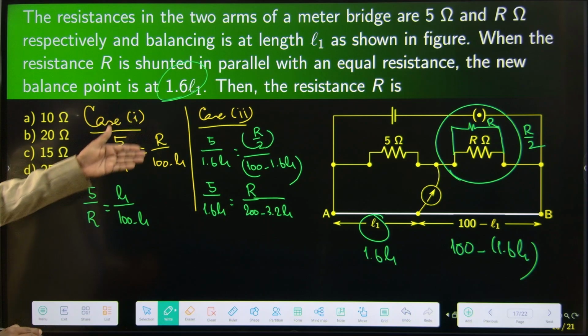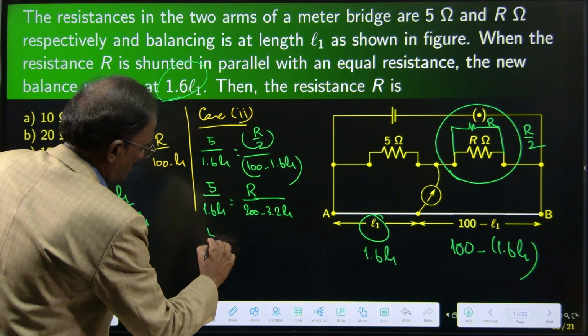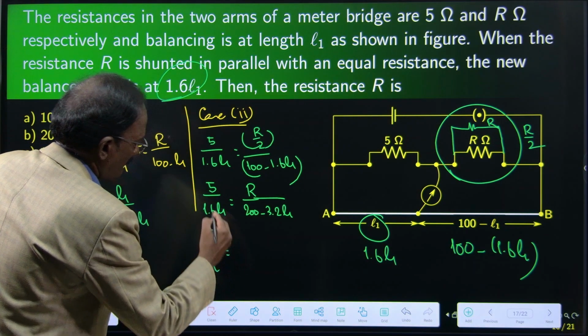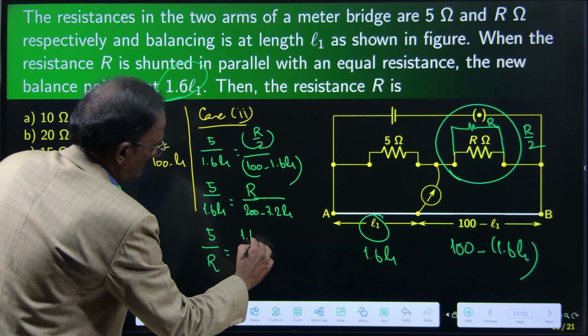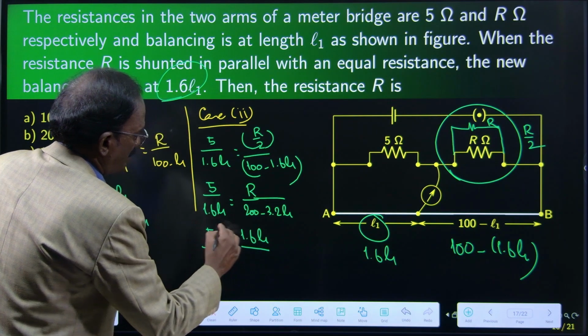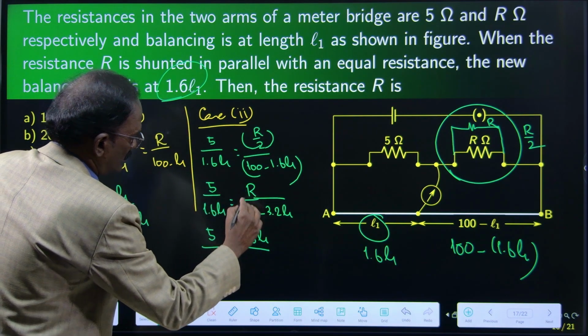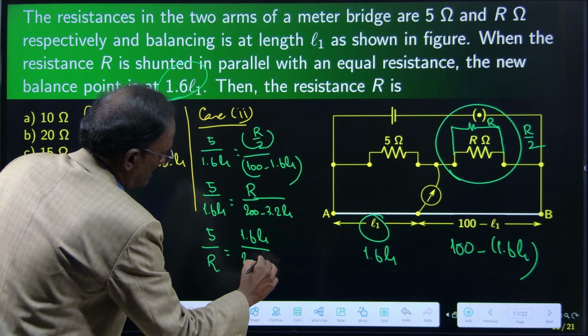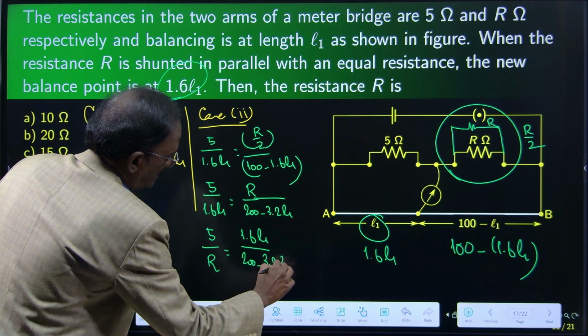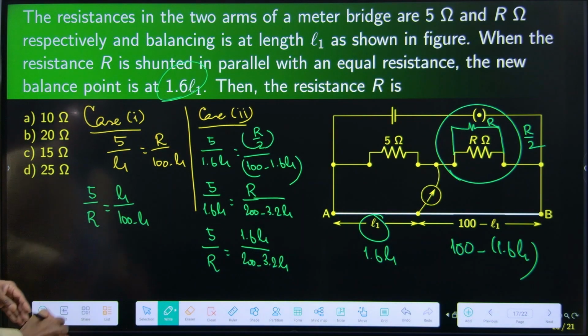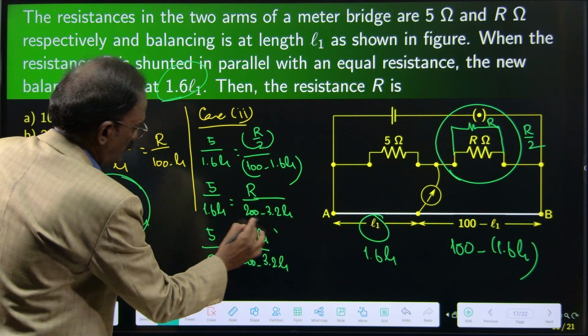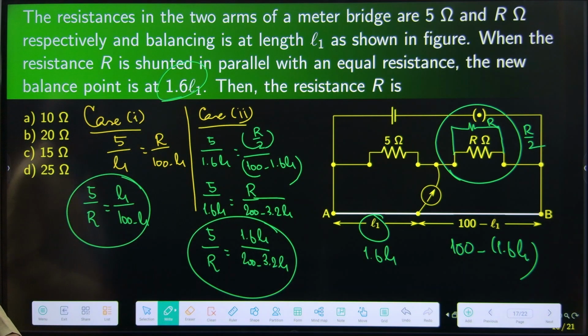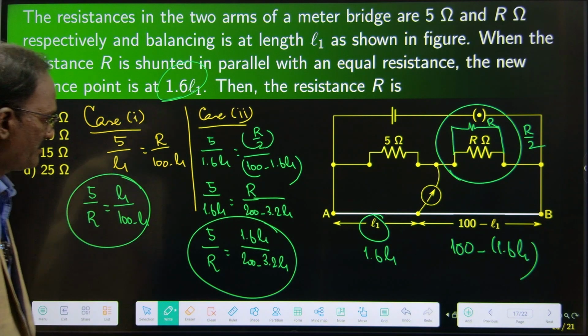Similarly 5 by R is equal to 1.6 L1 divided by 200 minus 3.2 L1. Equation number 1, equation number 2. These two can be equated. L1 by 100 minus L1.